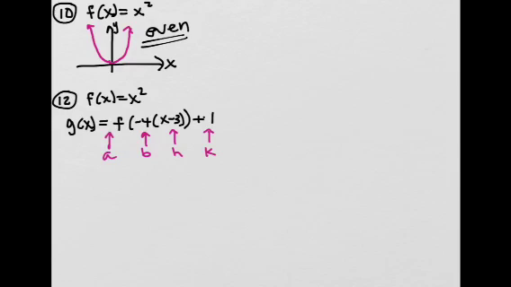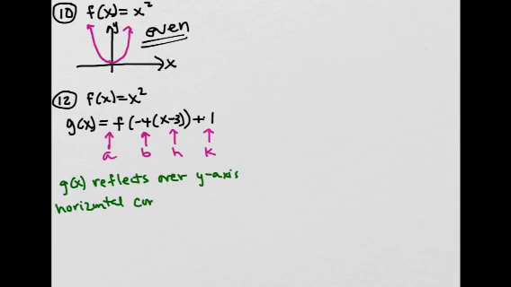So when you describe, you're going to say that g of x reflects over the y-axis. You have horizontal compression. Remember, it's not stretch even though it's a 4, because b is counterintuitive.